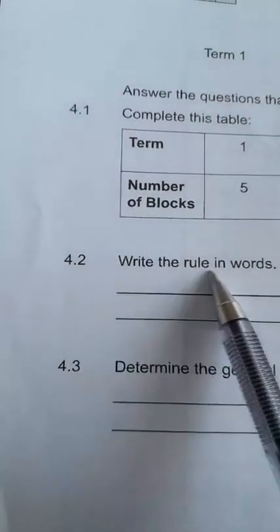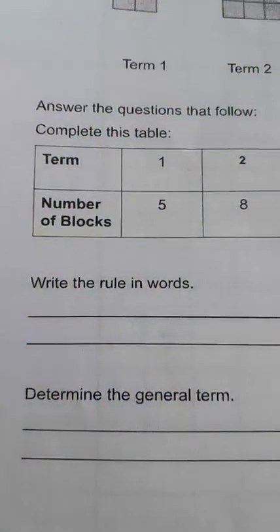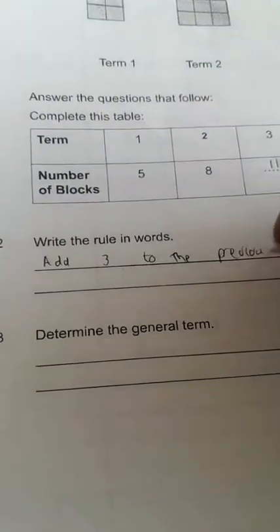Write the rule in words. So if I write the rule in words, because that's what they're saying, write the rule in words. What am I going to say? Add 3 to the previous term to get the next term. Guys, that's just it.